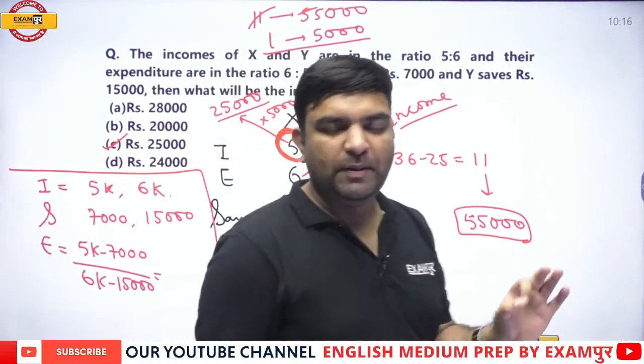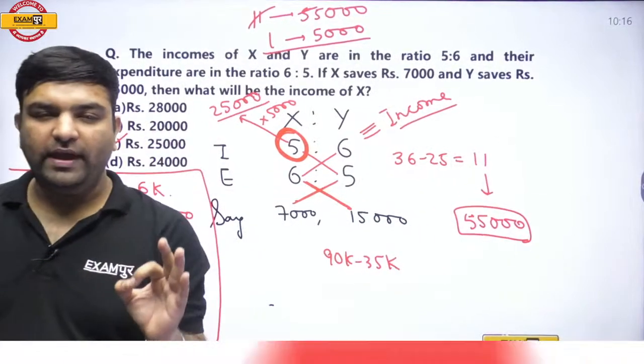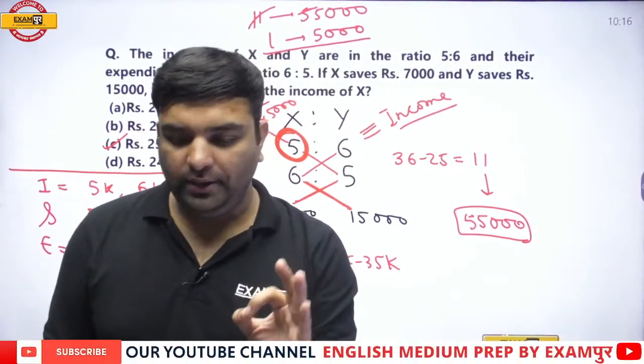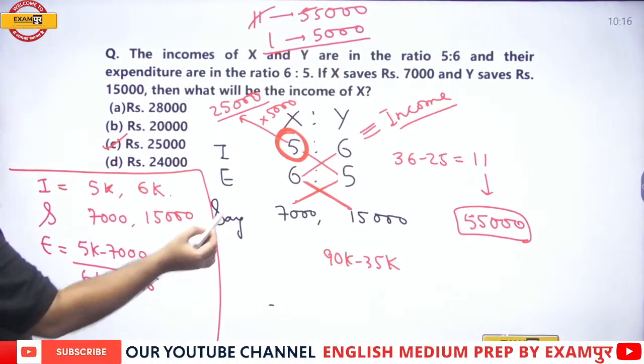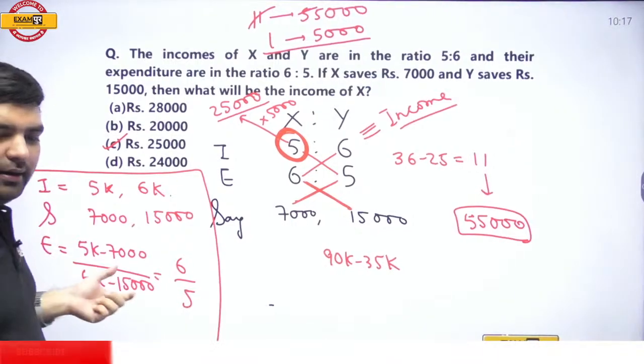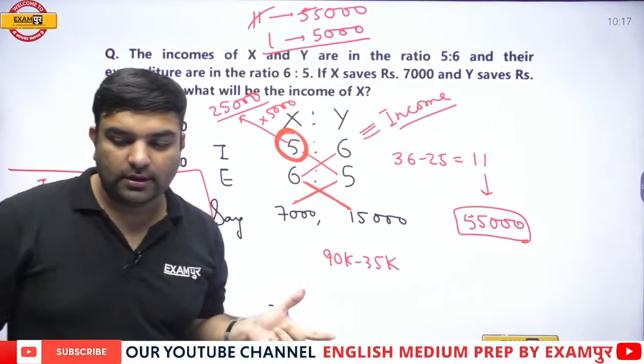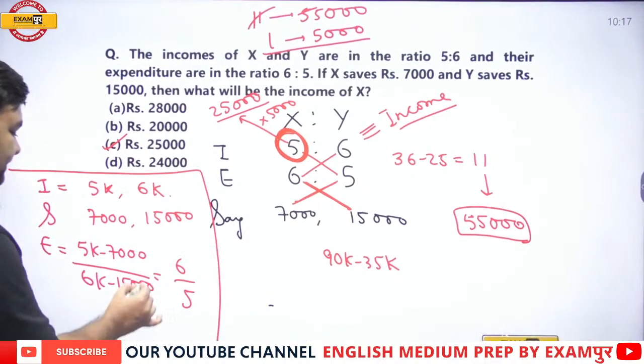Expenditure of X, expenditure of Y is known in terms of K, and their ratio is also given, 6:5. So basically this shortcut is derived from here only.